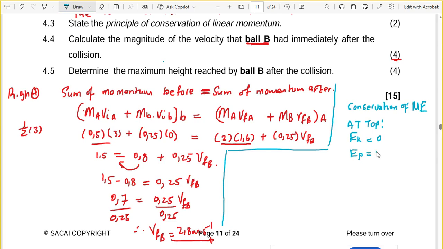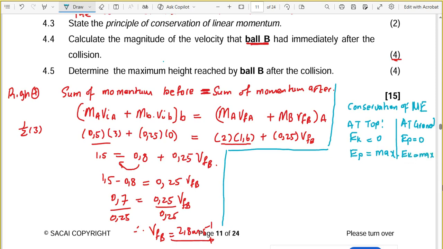And then your potential energy will be max. I'm going to explain what I mean by that. And then at the bottom, at the ground, your potential energy EP is the one that is 0. And then your EK, it's max.